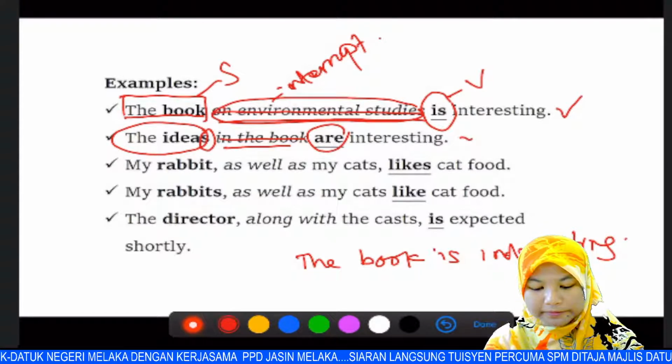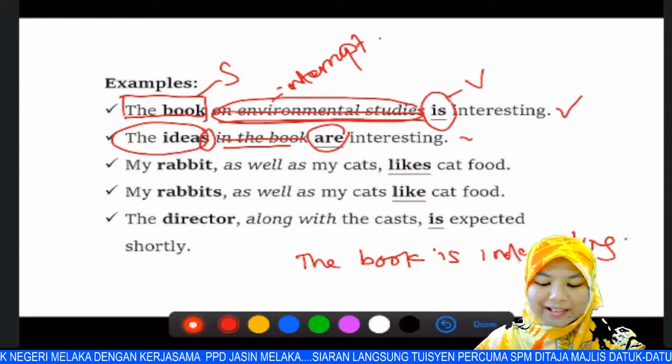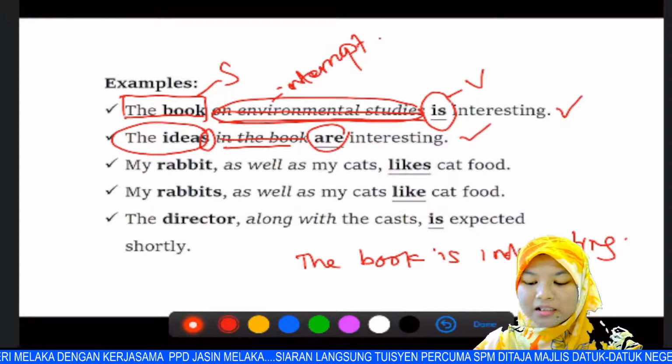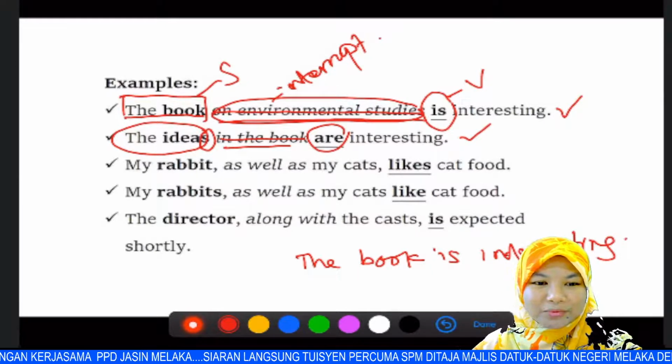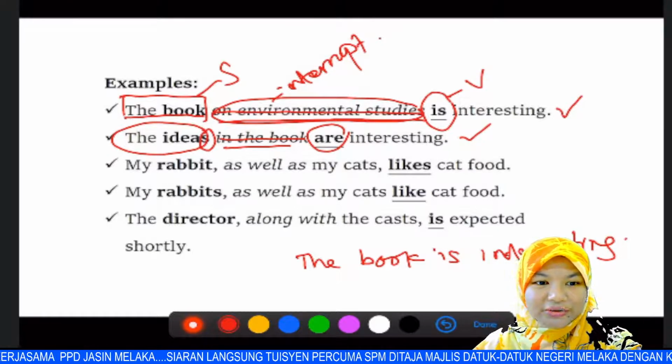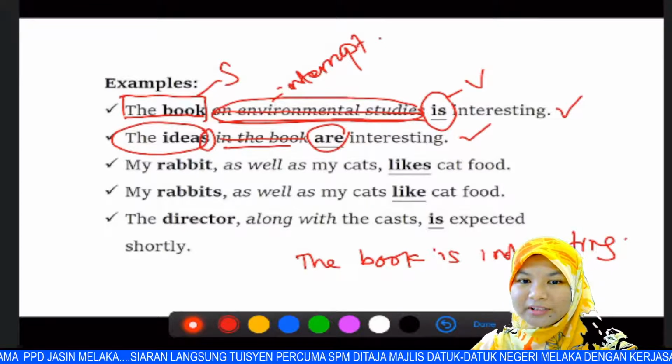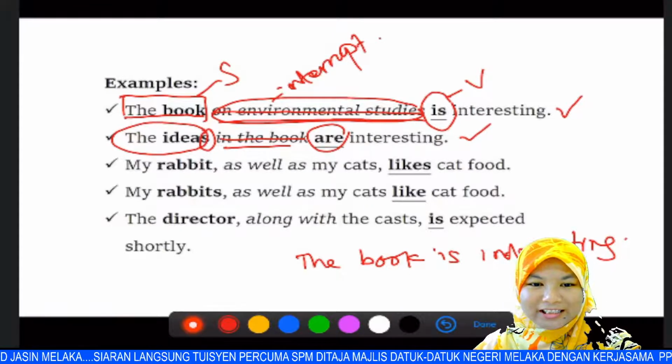Number 3. The rabbit as well as my cat likes cat food. Here it will be a bit challenging. You have a rabbit and also a cat.